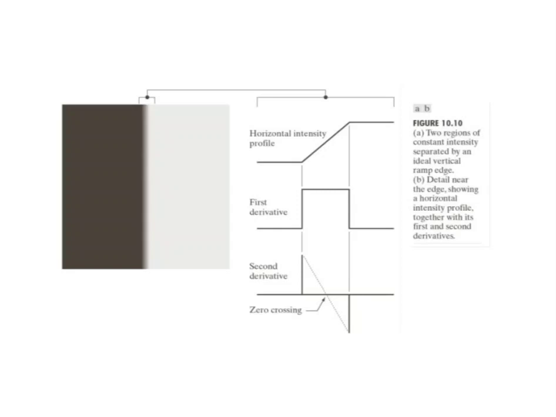Consider the image at the top of the center column, as discussed in connection with the earlier figure. The derivative of the scan line on the left is 0 in the constant areas. These are the two black bands shown in the derivative image. The derivatives at the points on the ramp are constant and equal to the slope of the ramp. These constant values in the derivative images are shown in gray.